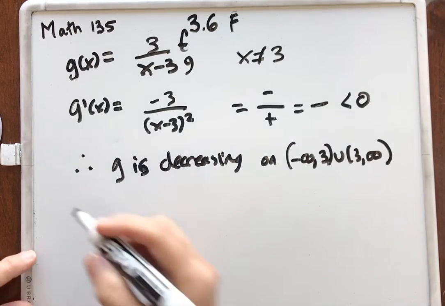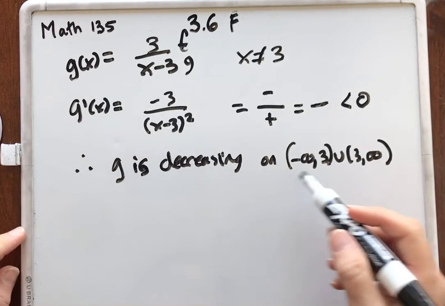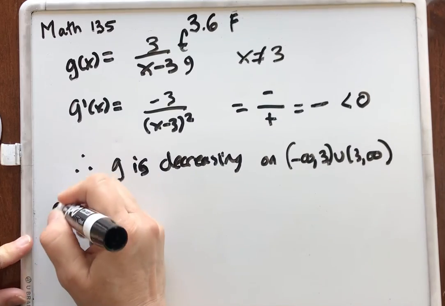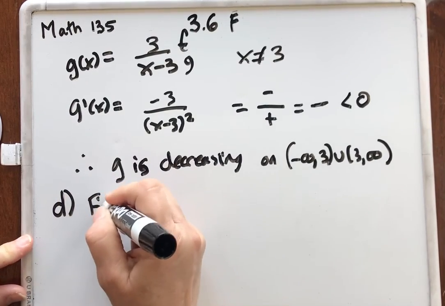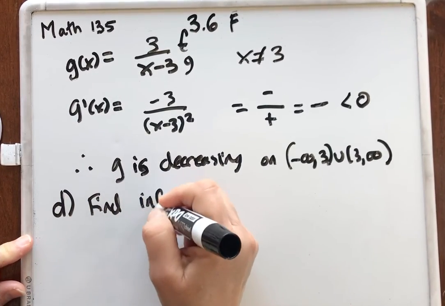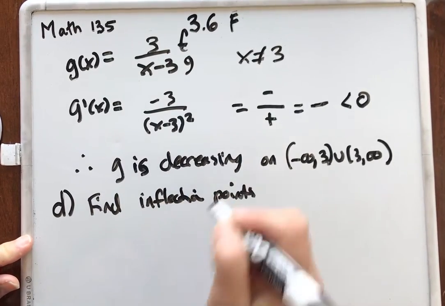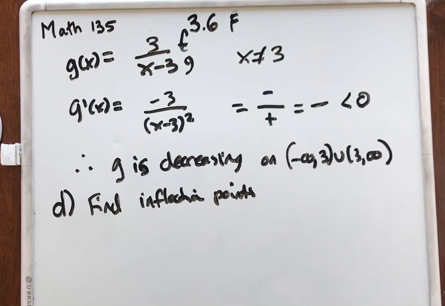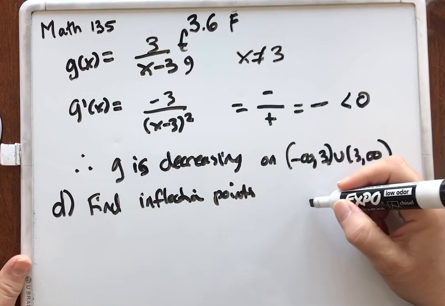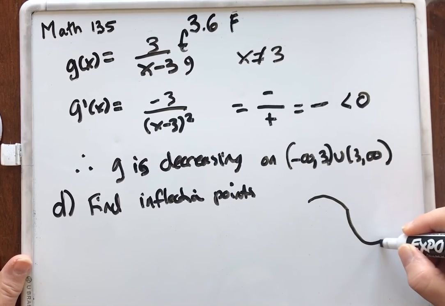Okay. Now, if it's totally decreasing, we're not going to have inflection points, right? And the next question is find inflection points. Well, we know there's not going to be inflection points if we're not going to be concaving down and concaving up.